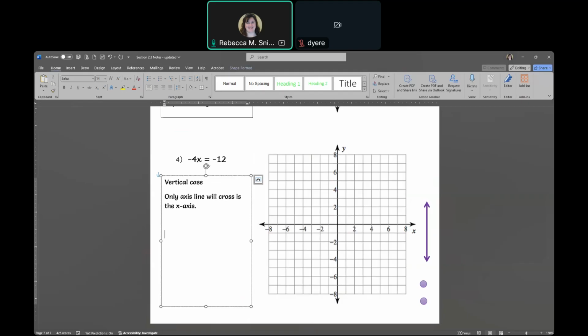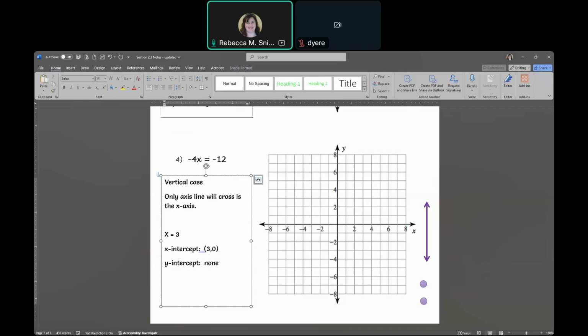So just like before, we have to solve this down for x. I would divide both sides and get that x is going to be equal to 3. So in doing that, I have an x-intercept that's going to occur at the point (3, 0). And it also means that in terms of my y-intercept, this one is none.